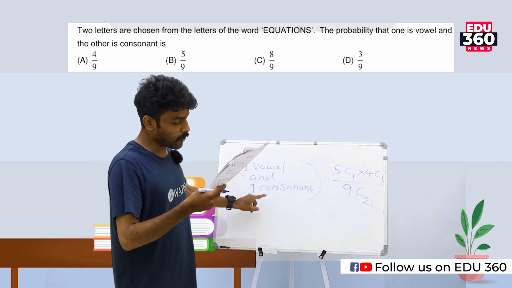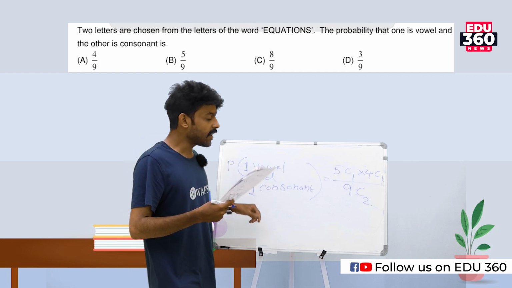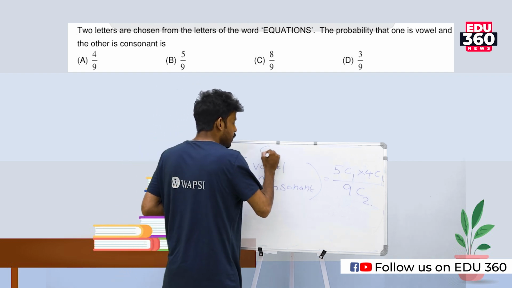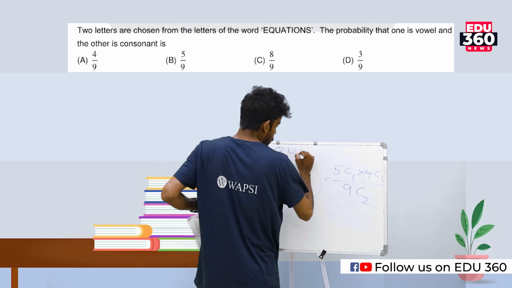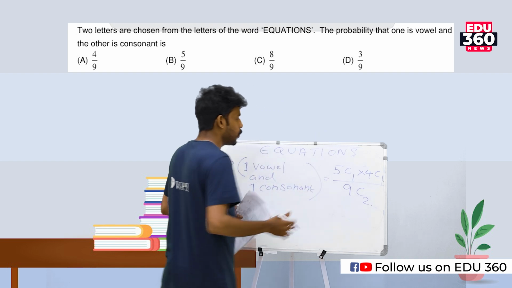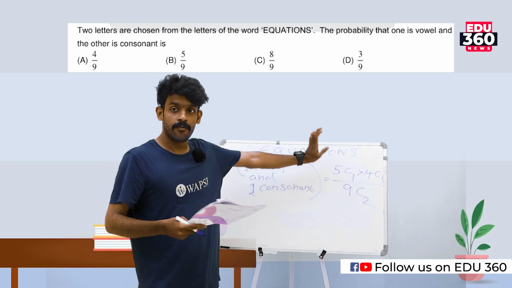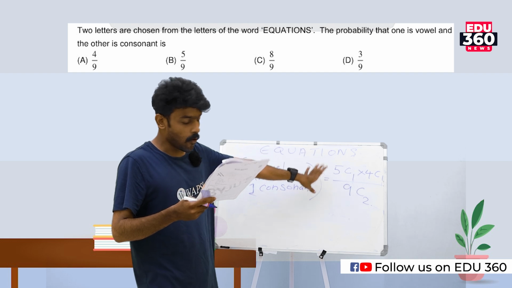So we need to find the probability of one vowel and one consonant. For the word equation, we know that there are 5 vowels and 4 consonants.